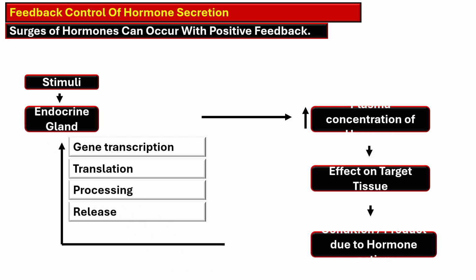There are a few but critical exceptions to endocrine negative feedback. This is positive feedback, a self-amplifying cycle that temporarily drives a physiological event toward a climax, after which normal negative feedback resumes.